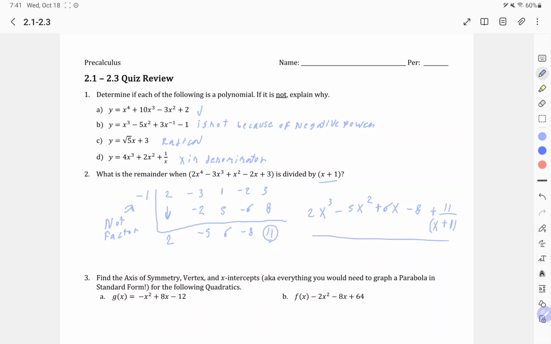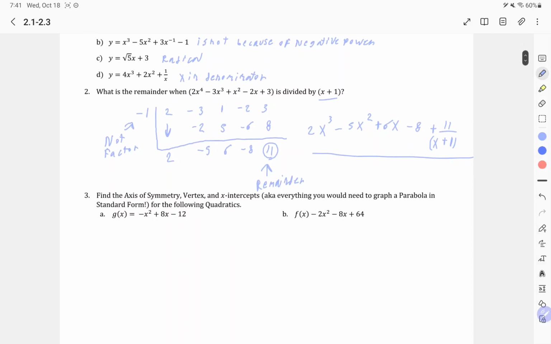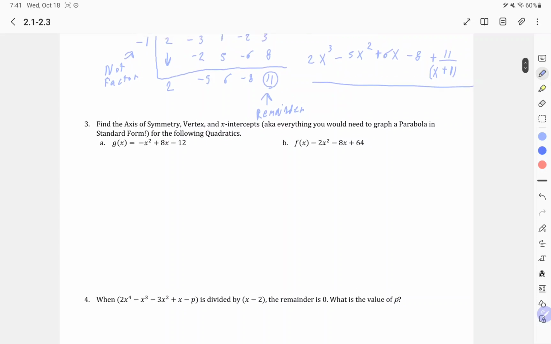This would be the final answer for this, right? But the remainder is actually just 11. Remainder, there we go. All right, let's start by finding the axis of symmetry, vertex, and x-intercepts.